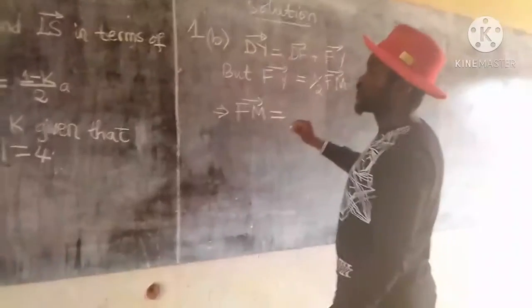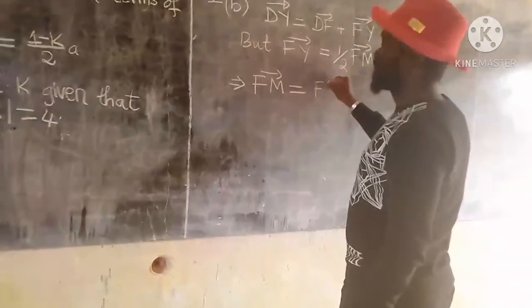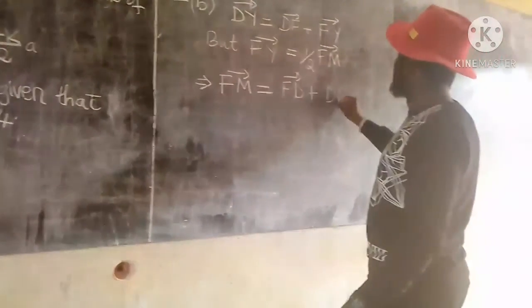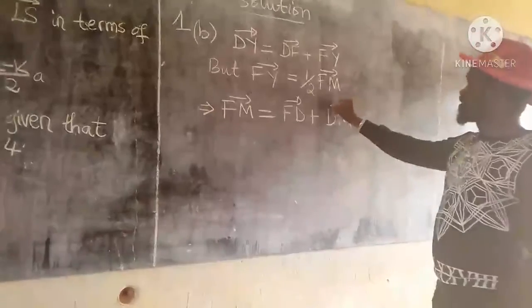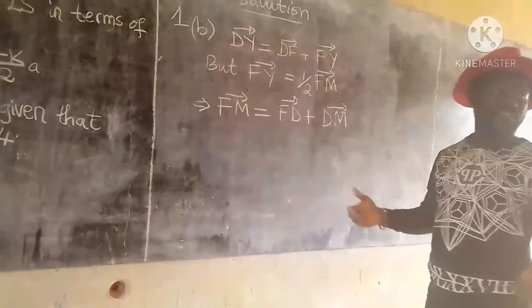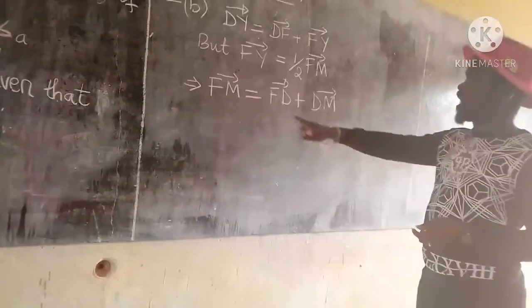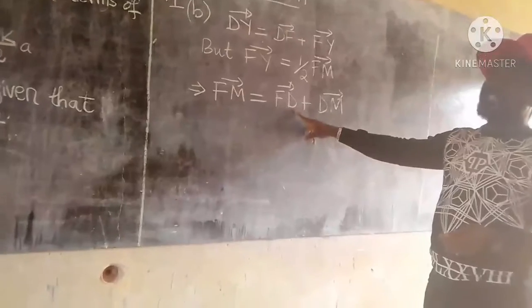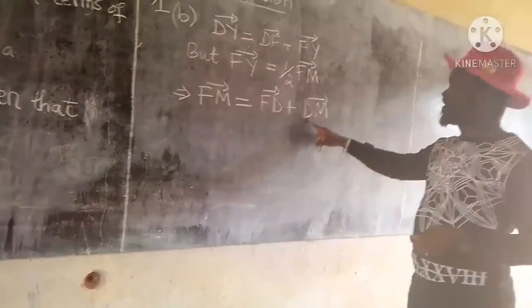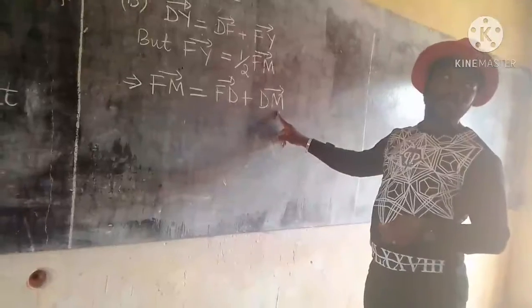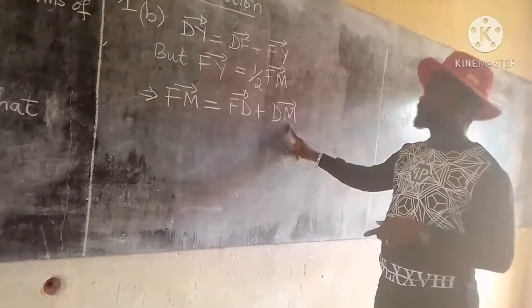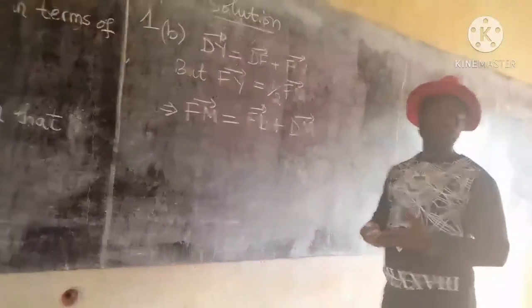Let's express our Fm as equal to Fd plus Dm. Thanks be to God that we already have Dm. We just calculated Dm. And we know Fd. Fd is what? A. And we know Dm to be what? It was 2 over 3 into minus A minus B. So we can simply substitute.